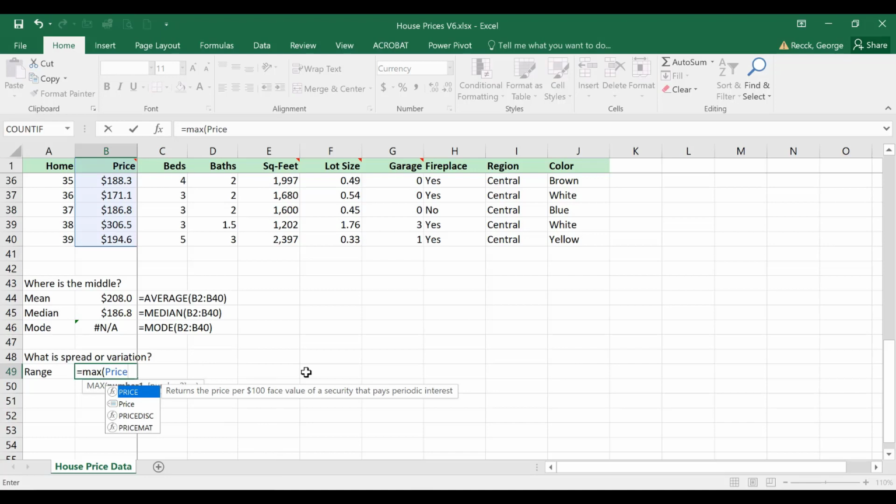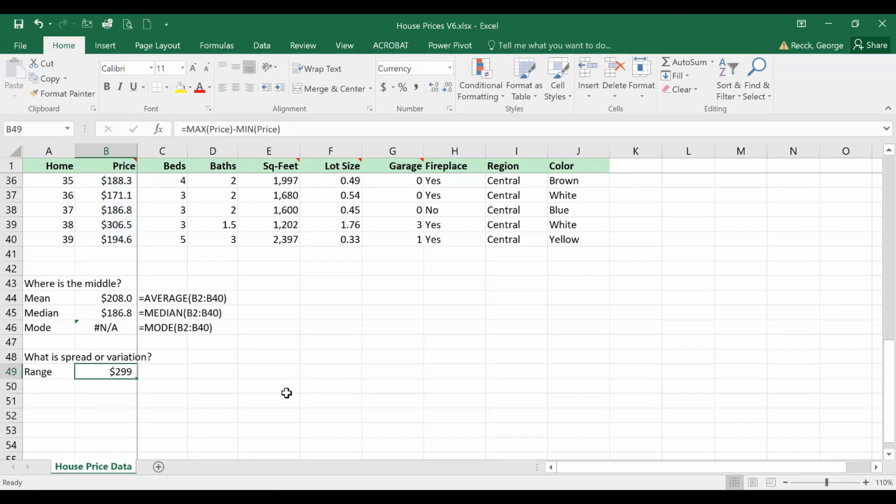And notice as soon as I hit the E in price, it highlights the column B. I can put a closed parentheses on that, and then I can subtract the min for price in a very similar fashion. Max minus min, I hit enter.